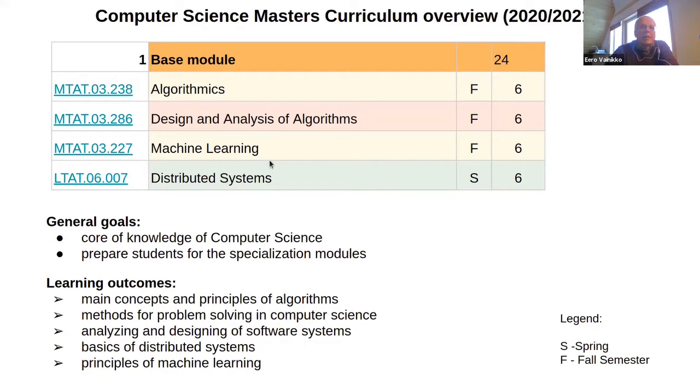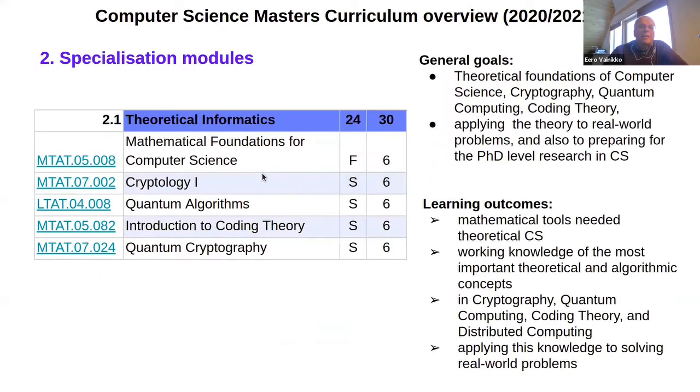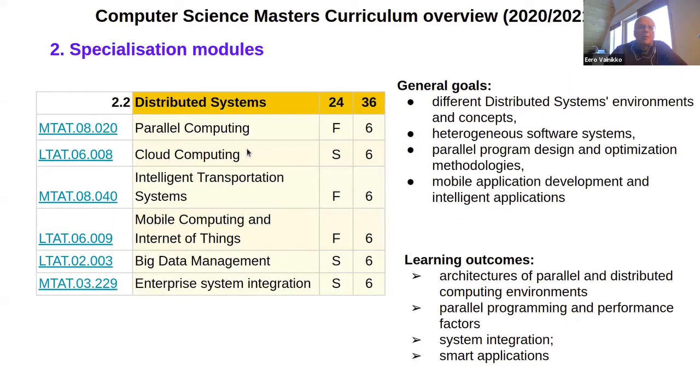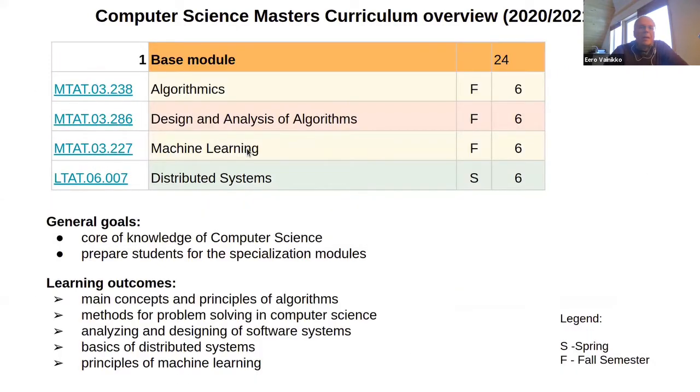But whenever you want to take a semester outside of Tartu at some partner university, then you have to have done all those base module courses. And the fourth base module course, Distributed Systems, runs in the second semester, or spring semester. All these base module courses are compulsory. You cannot actually make any changes here.